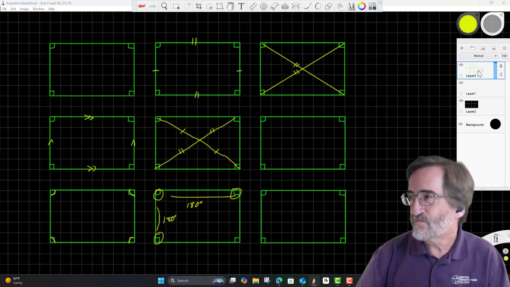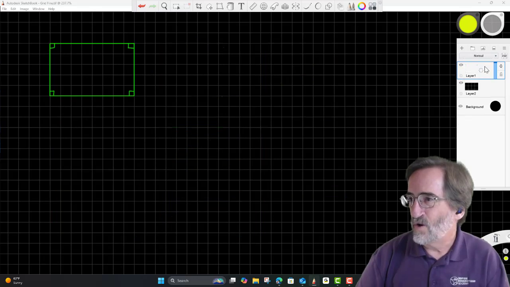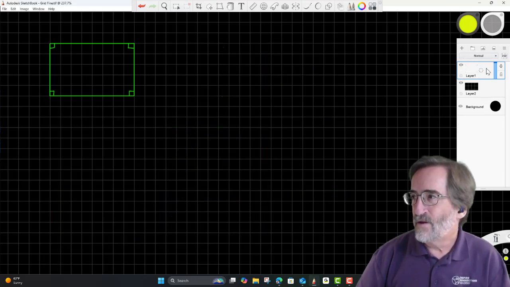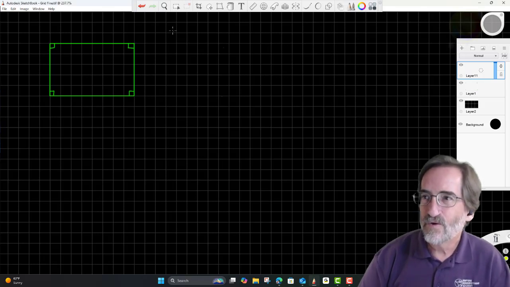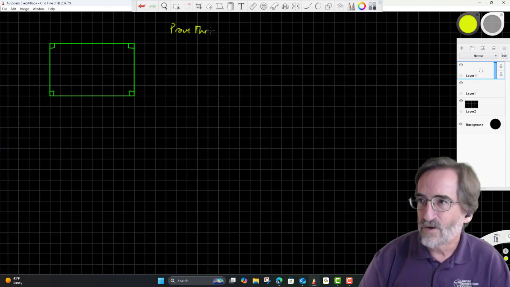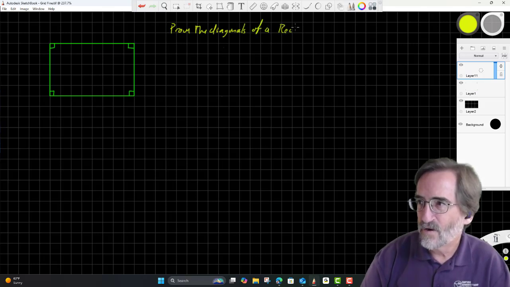Okay, so let's get rid of all but one of these, and add a new layer here. So we're going to prove the diagonals of a rectangle are congruent.